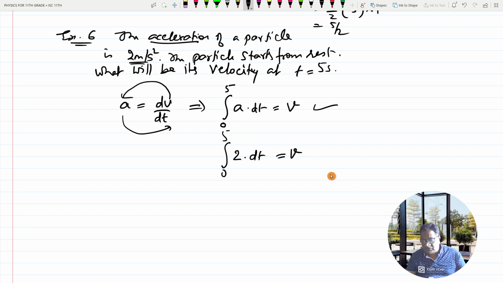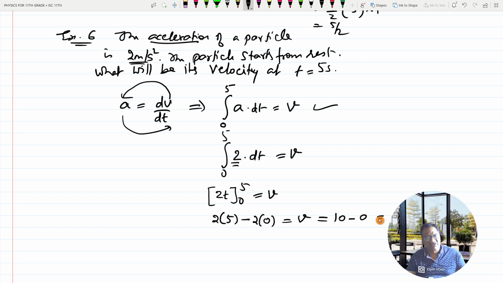The integration of 2 is 2t, with limits 0 to 5. So 2 into 5 minus 2 into 0, which is 10 minus 0, equal to 10. This is my velocity in meter per second.